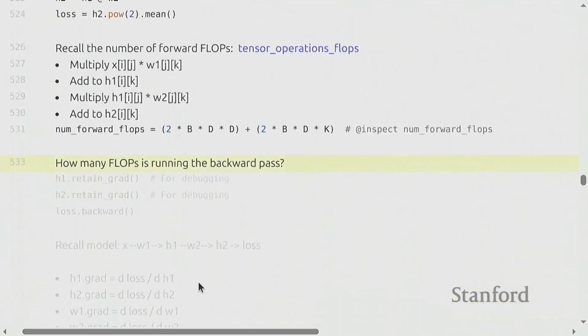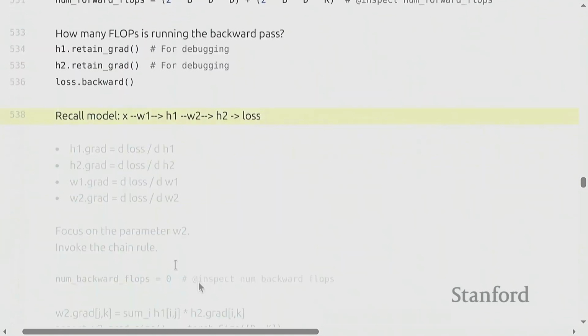Okay, so what about the backward pass? So this part will be a little bit more involved. So we can recall the model x to h1 to h2 and the loss. So in the backward pass, you have to compute a bunch of gradients.